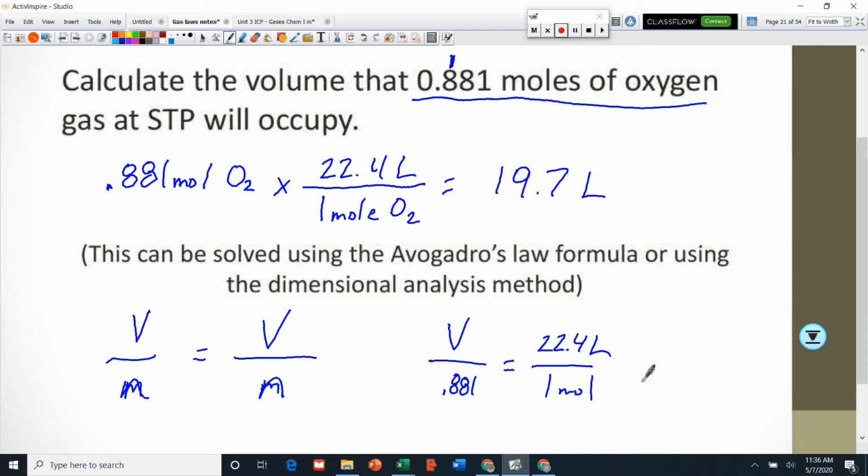And so we can compare that, and what we would find is if we did it this way, 22.4 times 0.881 divided by 1 gives us 19.7 as well. All right, so either way, we ended up with 19.7 liters.